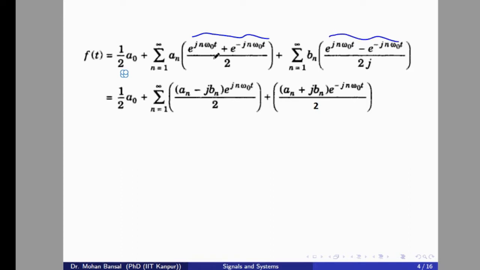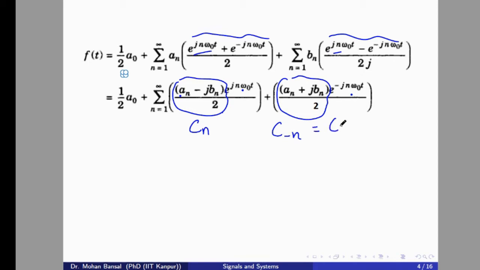Now from here we are getting e to the power j n omega naught t. So we can write (a_n minus j b_n) divided by 2 times e to the power j n omega naught t plus (a_n plus j b_n) divided by 2 times e to the power minus j n omega naught t. Now what we will do here, we will consider (a_n minus j b_n) divided by 2 as a new term, that is c_n. And (a_n plus j b_n) divided by 2 is nothing but the complex conjugate of c_n, that can be written as c minus n.